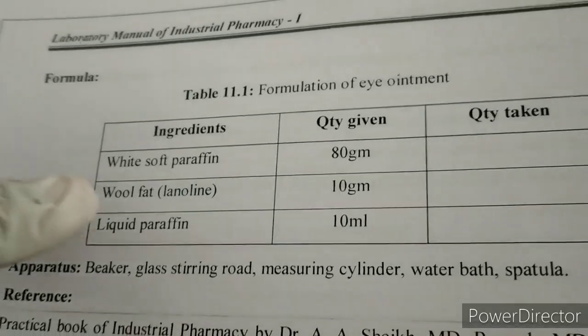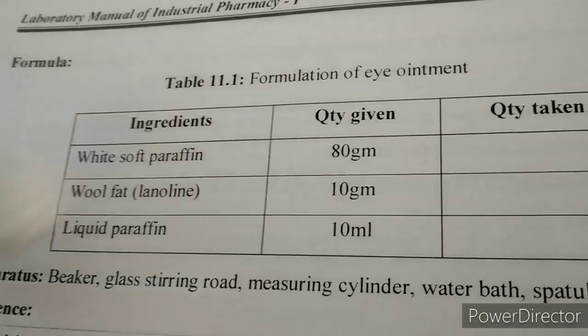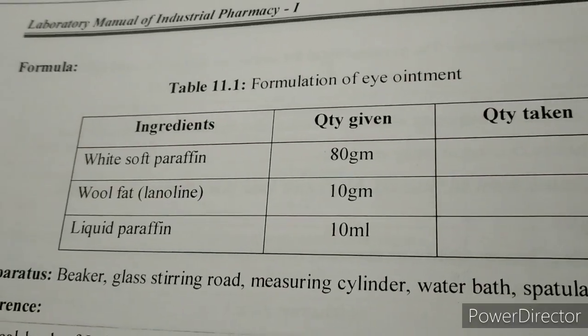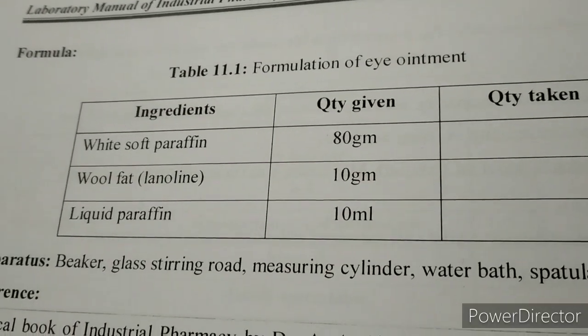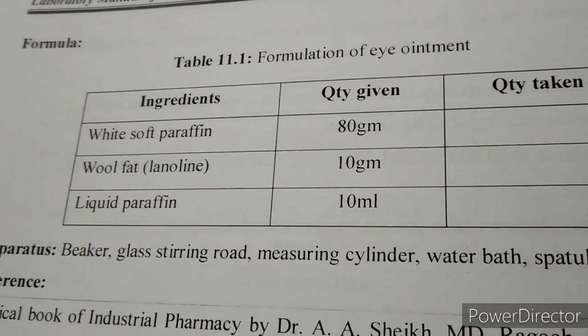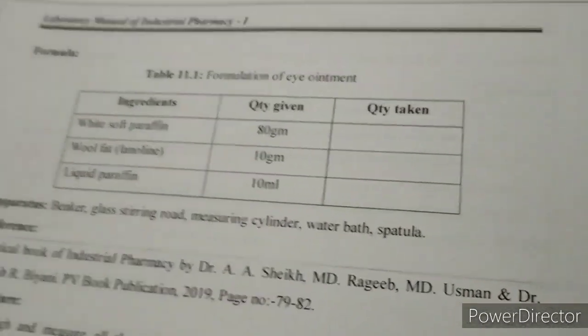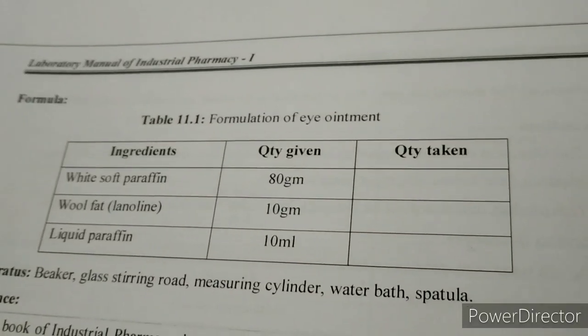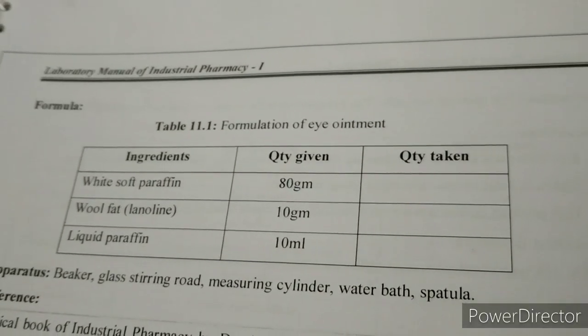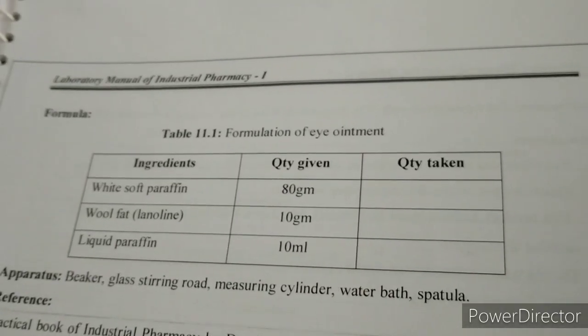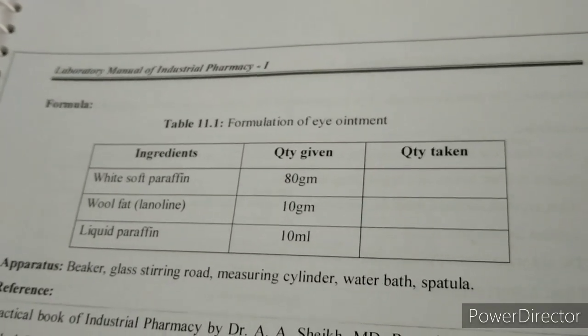See, according to this standard, yellow soft paraffin 80 gram, then lanolin 10 gram, liquid paraffin 10 gram. Total 100. These quantities are given for 100 grams of ointment. We can convert the quantity according to our need. Today we are preparing 5 grams of ointment, and according to that we will calculate the quantities.